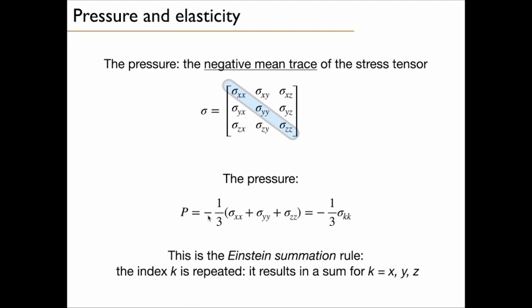This is a convention in our field. So it can be written as sigma kk if you use the index notation and Einstein summation rule, 1/3 and -1. This is the pressure. So pressure has unit Pascal.